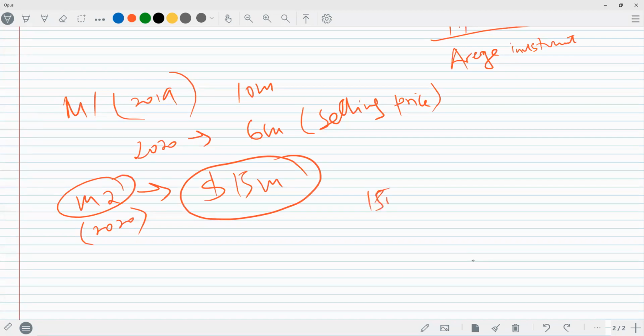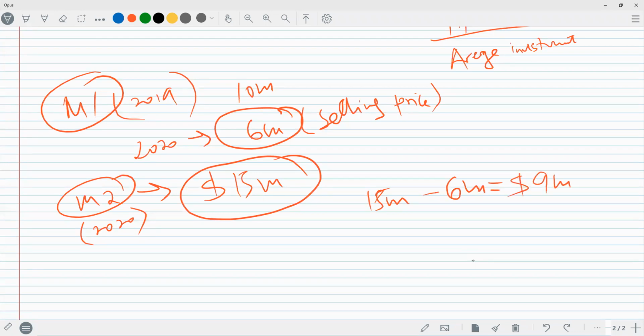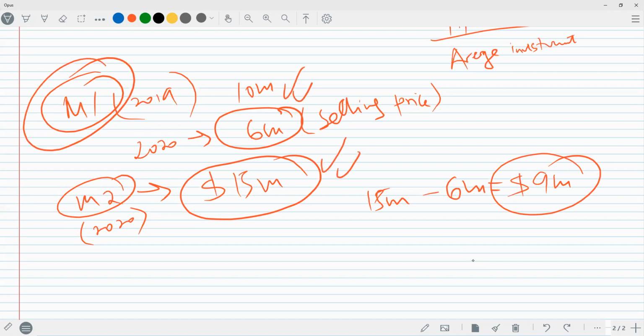But you're going to get some money from the sale of machine 1, 6 million, therefore minus 6 million. So the net investment required in year 2020 is 15 million less the amount we receive from the disposal of machine 1. Clear?